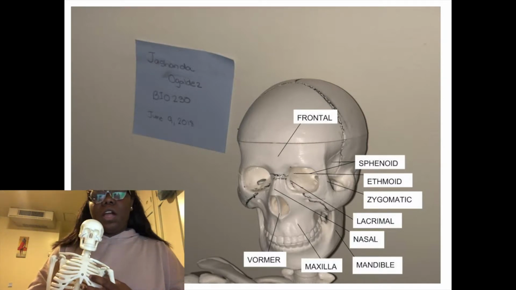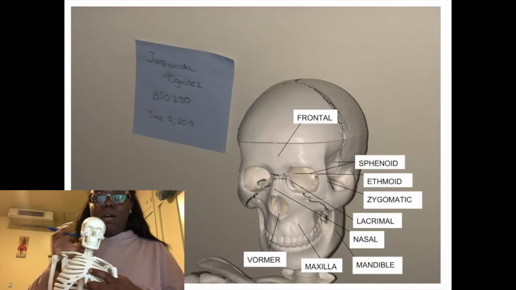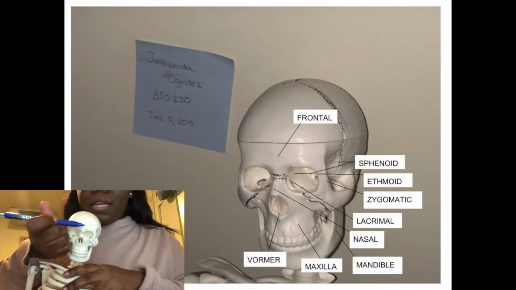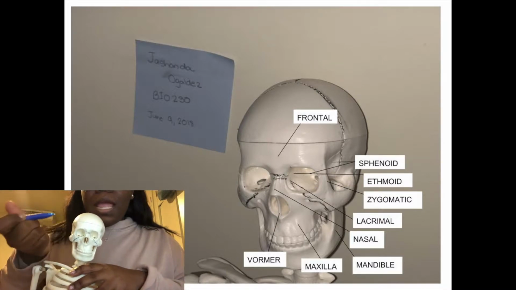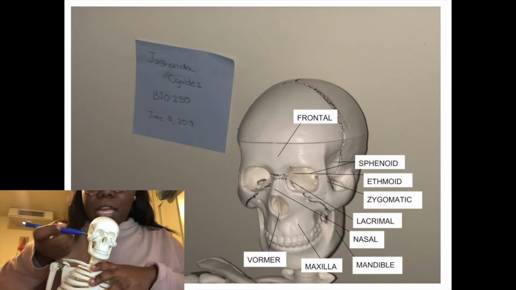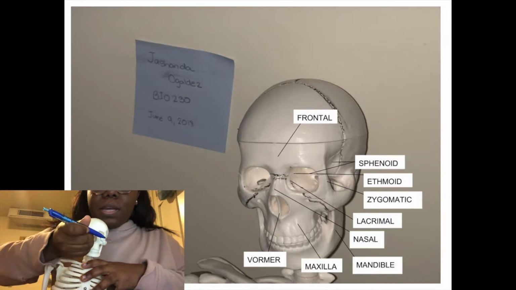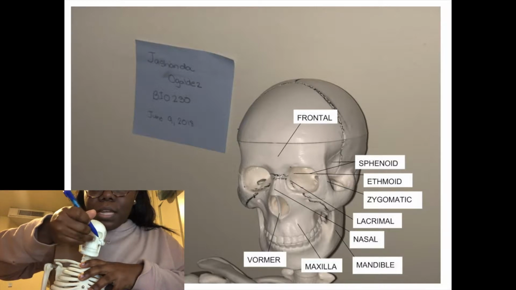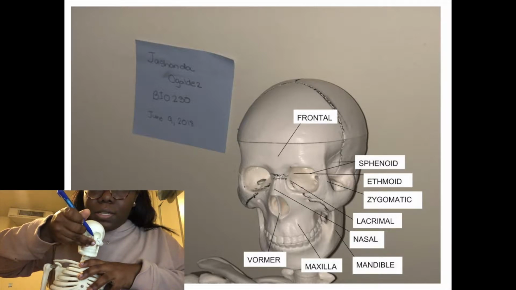So we're going to start off first with the anterior skull. In the anterior skull, the frontal is right here. The lacrimal is right here. The sphenoid is right in there. The nasal, right here at this tip. Not to be confused with the vomer, which is this line.